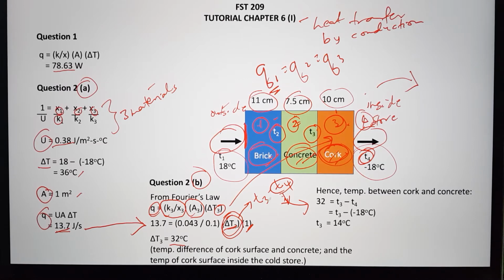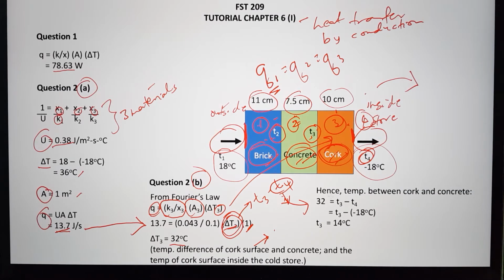This temperature difference is between the concrete and the caulk surface inside the cold store. Sorry, not T2, it is T3 minus T4, but we want the value for T3, because T3 is the temperature between caulk and concrete.